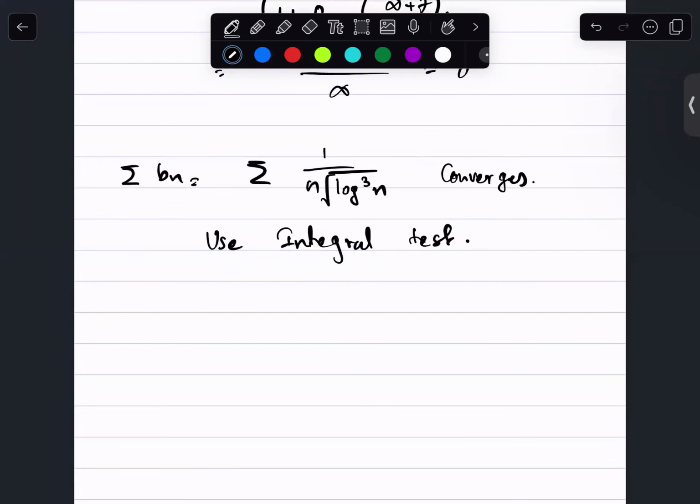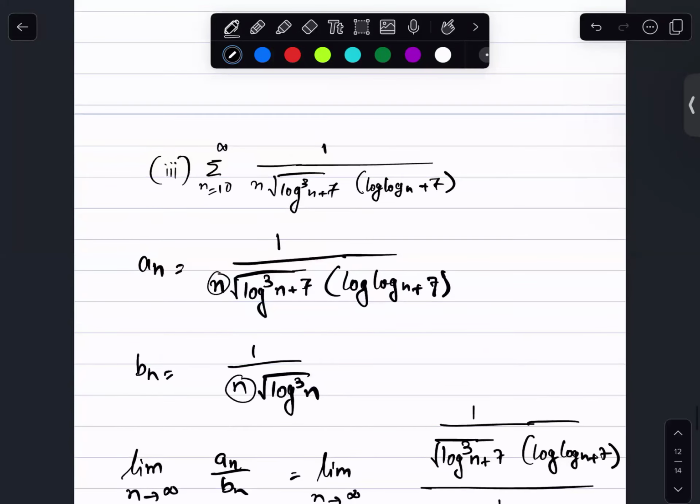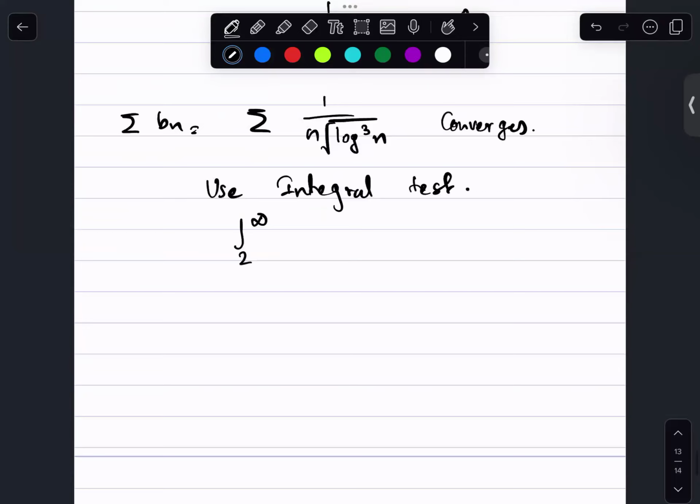So then it will go from 2 to infinity, because for n equal to 1, this is like log to the third of 1, which is 0. So this will be like infinity in the sum itself, which doesn't make sense.